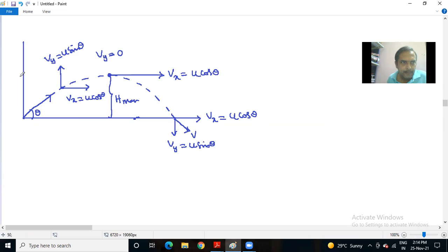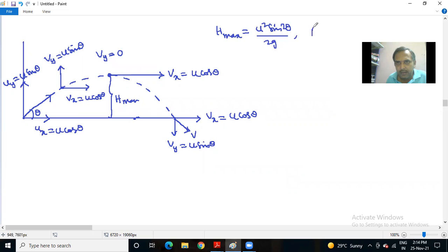So initially the vertical component uy is equal to u sine theta, ux equal to u cos theta. Now we had the equations h max as u square sine square theta by 2g, range u square sine 2 theta by g.